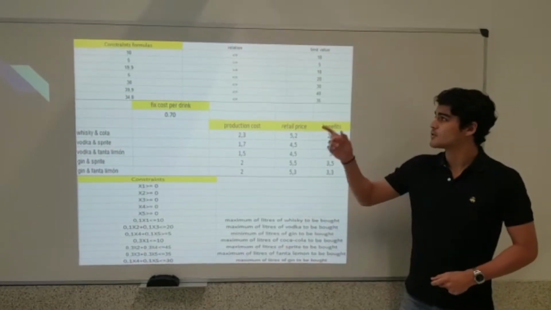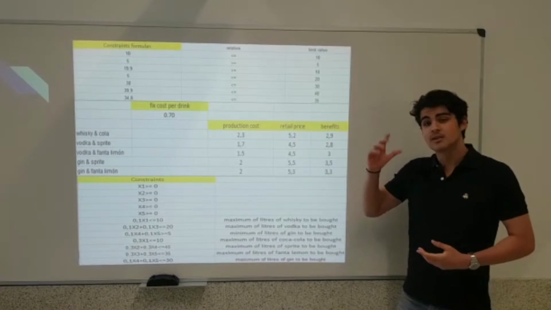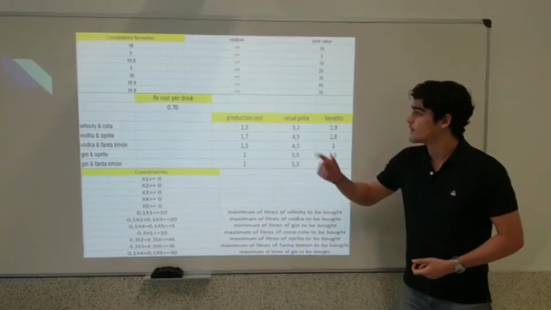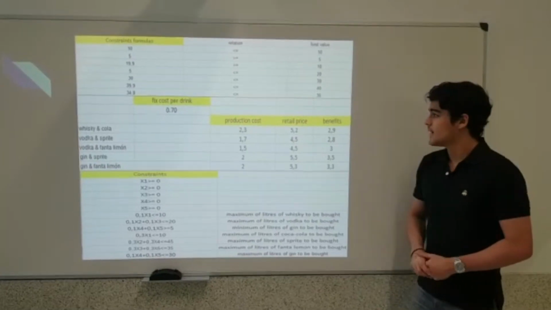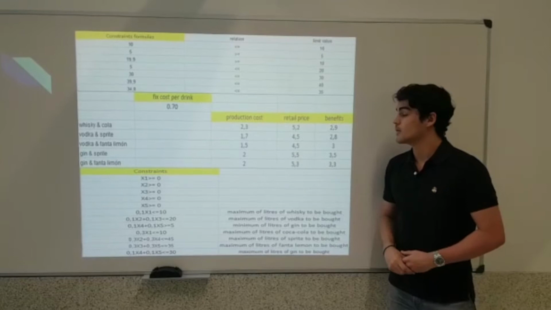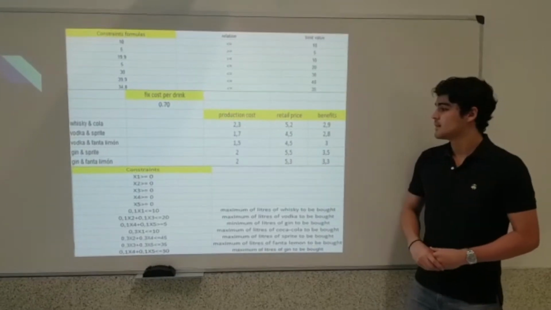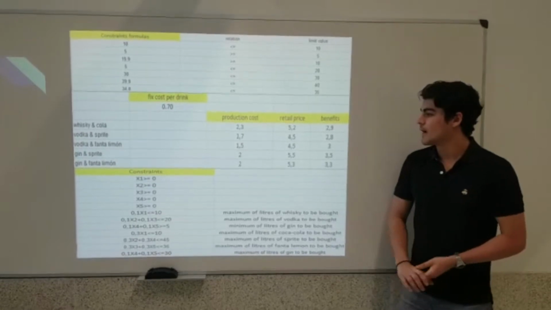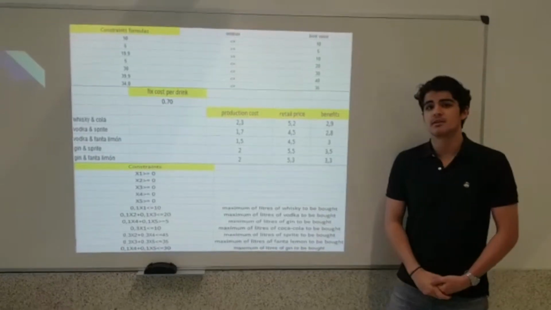First of all, we have the constraint formulas with their relations to their limited values. We also have the fixed cost per drink, and then we have the production cost for each and every single one of the drinks. We also have the retail price and the benefits. And finally, just to finish, we have the constraints, which I explained earlier.